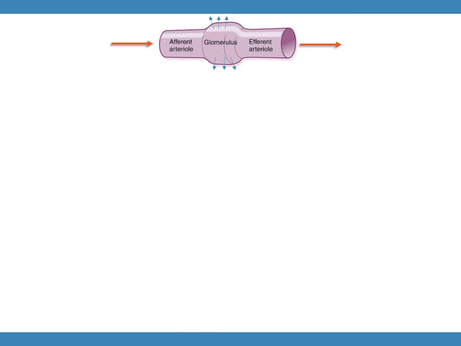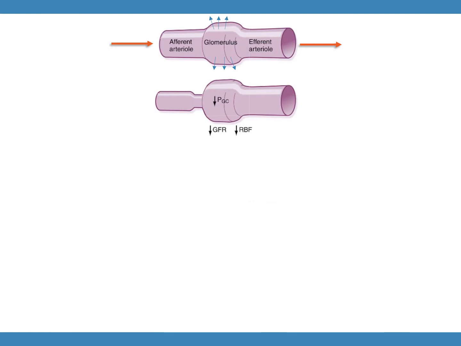Now imagine if the afferent arteriole is constricted, it will reduce the hydrostatic pressure in the glomerulus, which will reduce the GFR, and also because of afferent arteriolar constriction, there will be a reduction in the overall renal blood flow.